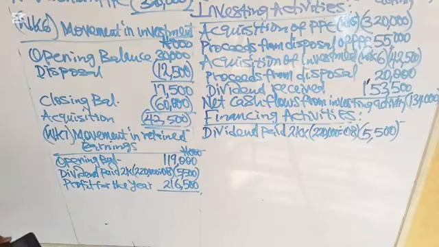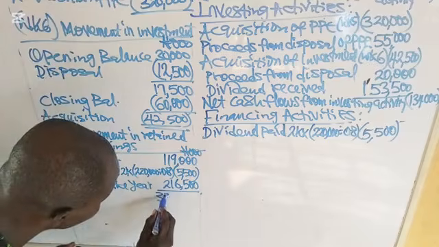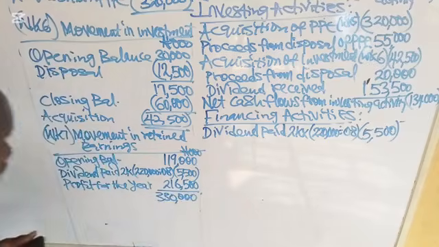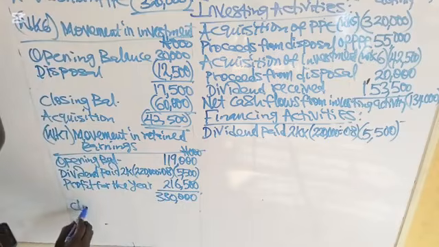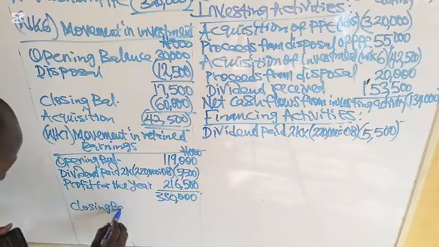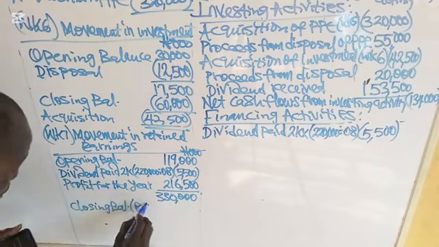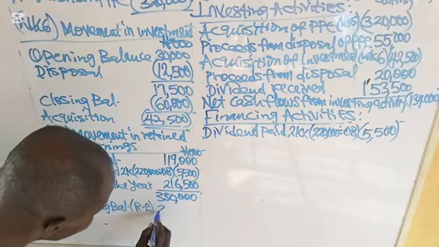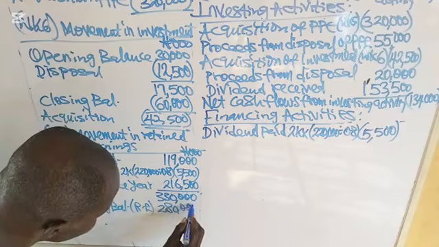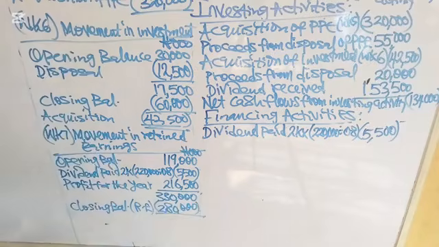So 119,000 minus 5,500 plus 216,500, you have 330,000. How much is the closing balance? Closing balance, that is retained earnings: 280,000. So does it agree?